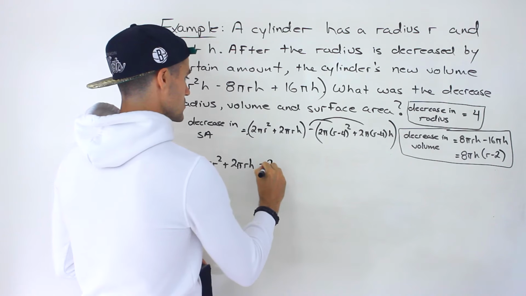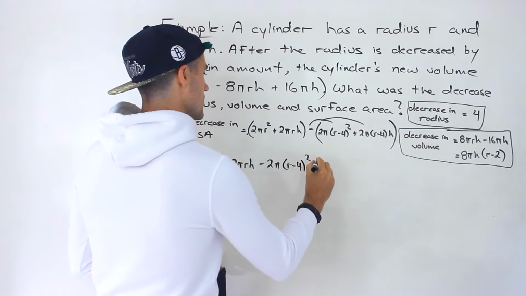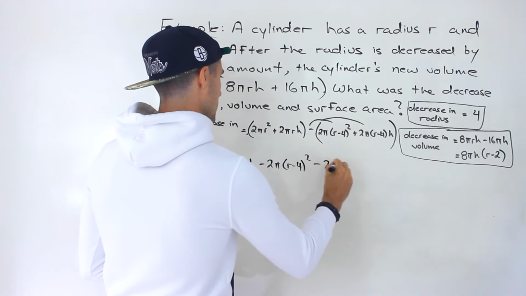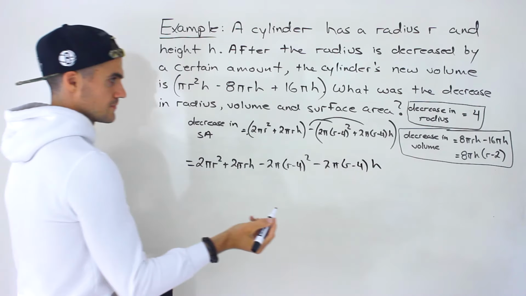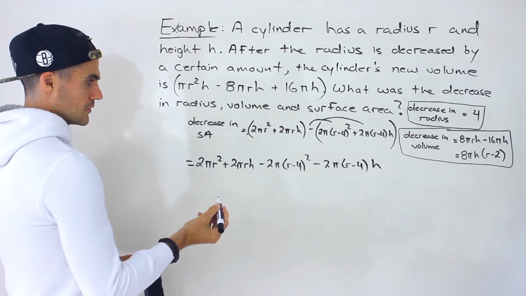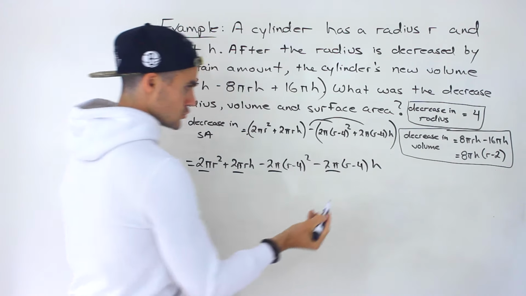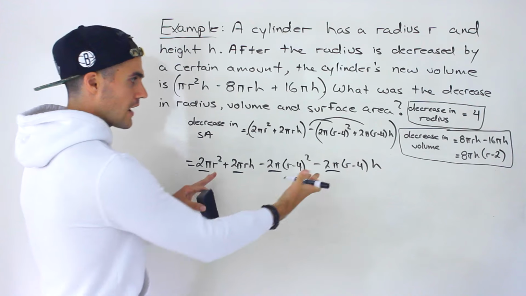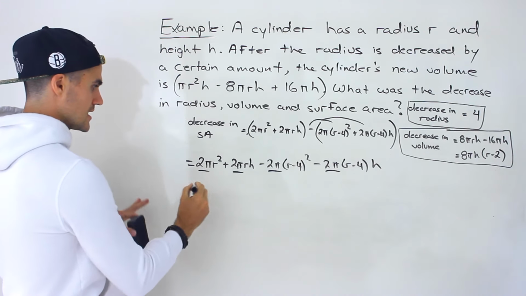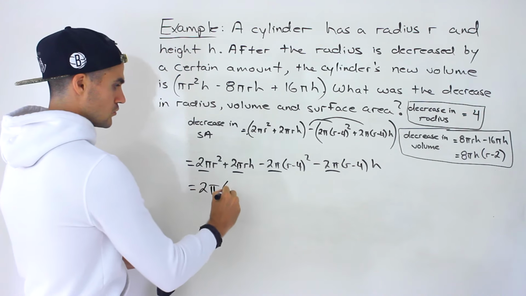So we'd end up with minus 2 pi (r minus 4) squared minus 2 pi (r minus 4) h, like that. Now, to make things easier, notice that in all of these there's a 2 pi. So instead of expanding everything with the 2 pi, because it's common in all these, we could just take the 2 pi out from everything. And what would we be left with?